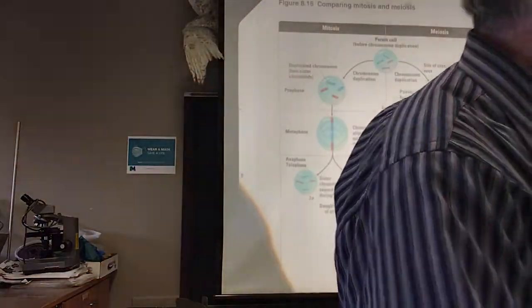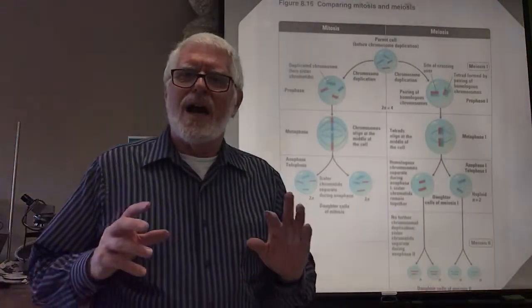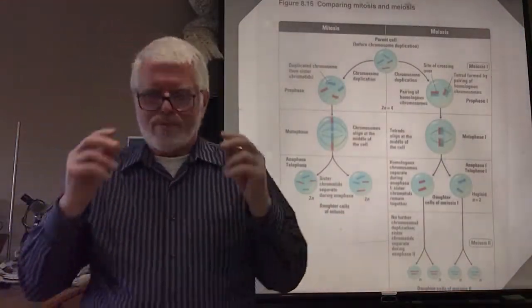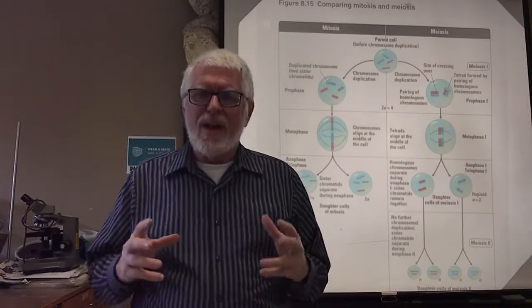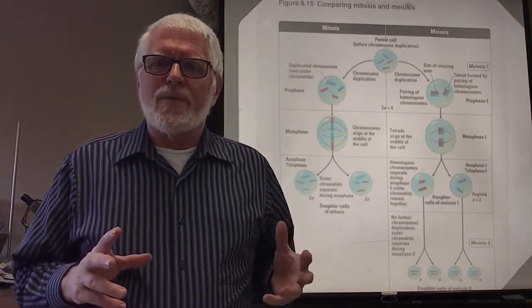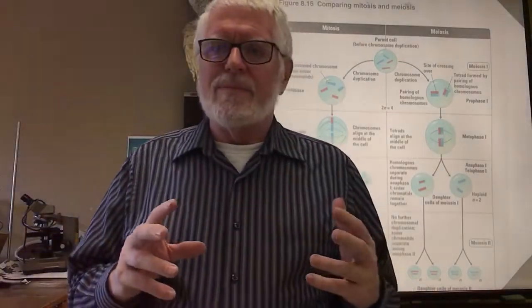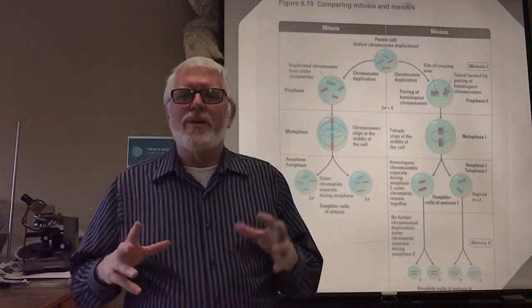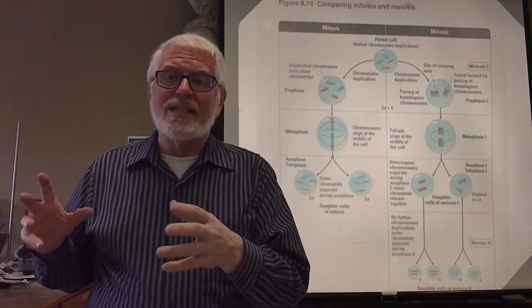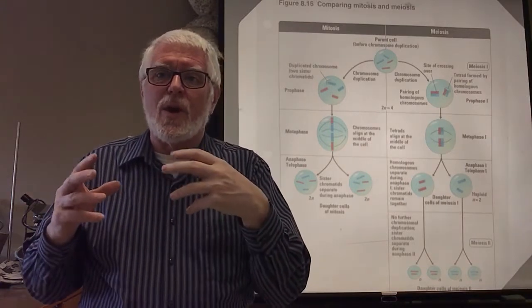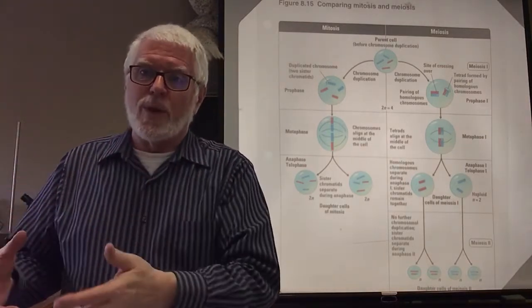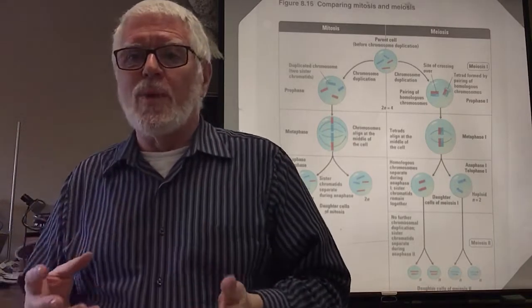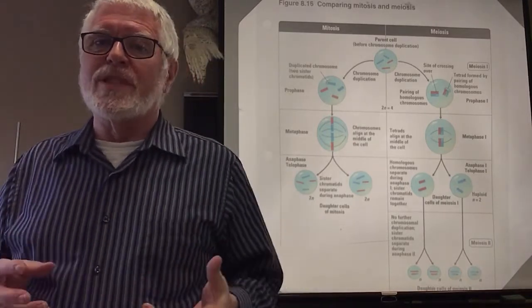Now, I don't know that we've covered this semester, so we're going to get into this. There is a difference between production of sperm cells and production of egg cells. Remember, egg cells specialize in giving your offspring food to get started with, so that they can develop and get to a point where they can pick up nutrients themselves.